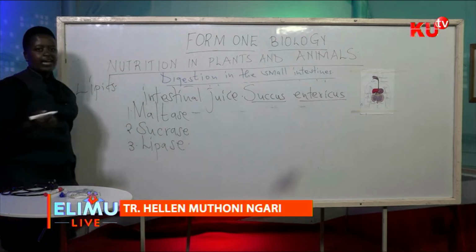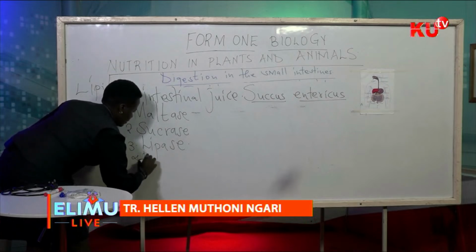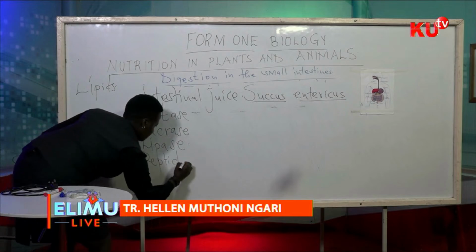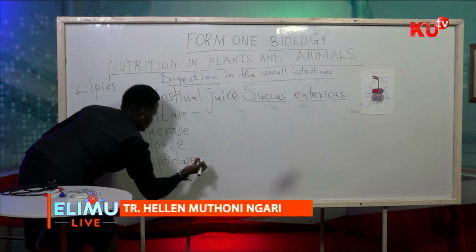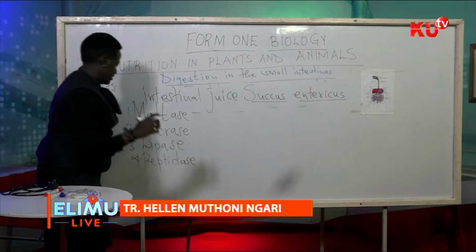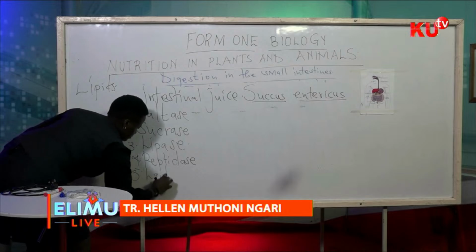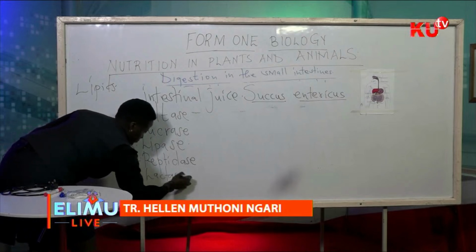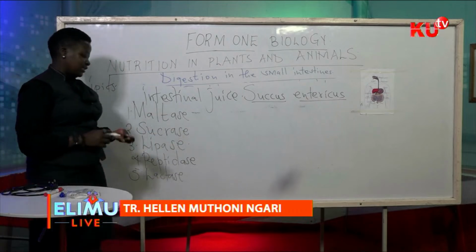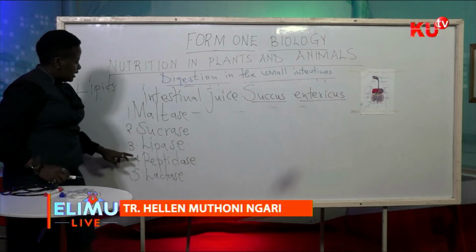The fourth enzyme is peptidase. And the last enzyme is lactase. So these are the components of the intestinal juice: maltase, sucrase, lipase, peptidase, and lactase.